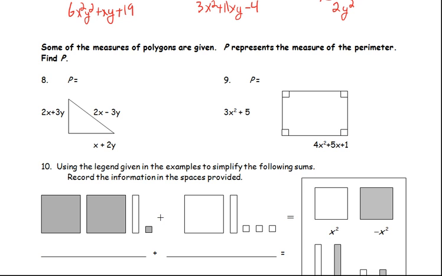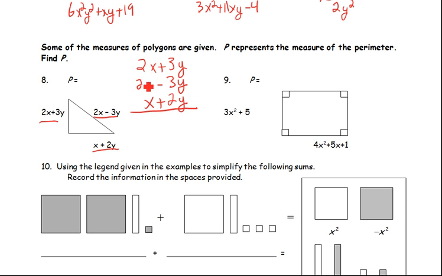Number 8. It says some of the measures of the polygon are given. P represents the measure of the perimeter, so that means we have to add all the sides. So what we need to do is we need to add 2x plus 3y, 2x minus 3y, and x plus 2y.